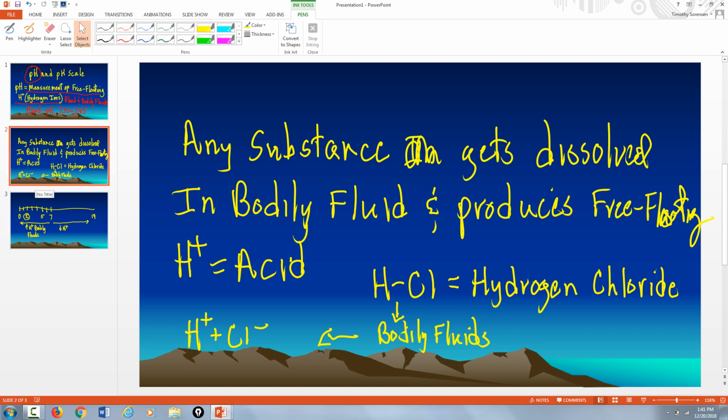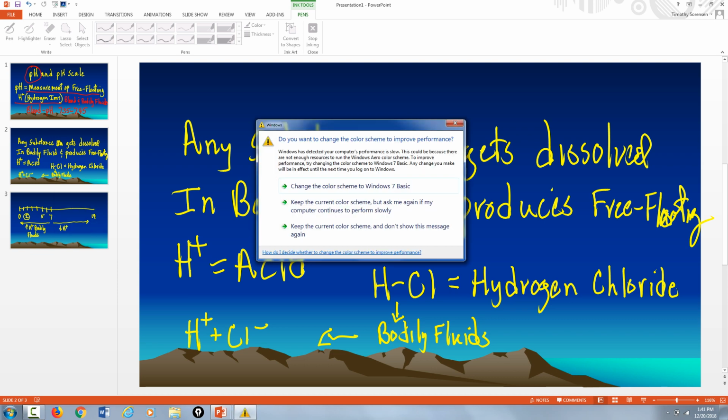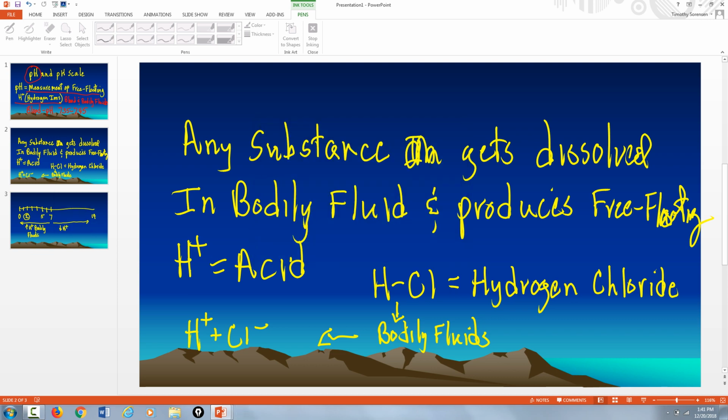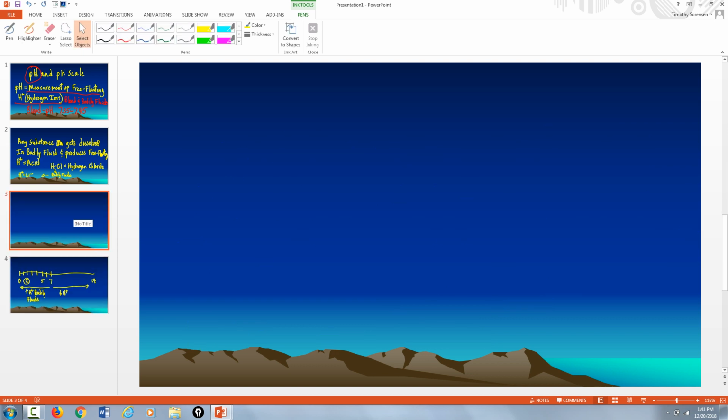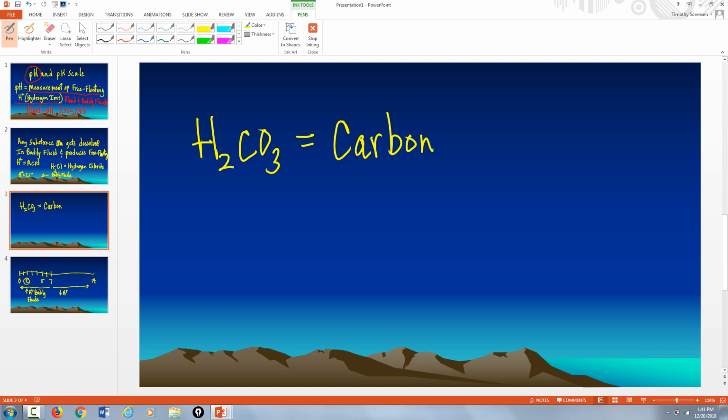Here's another example of an acid. This one's really important because this is acid-base balance in the body. This is called carbonic acid. What happens to carbonic acid when it gets dissolved in bodily fluids?